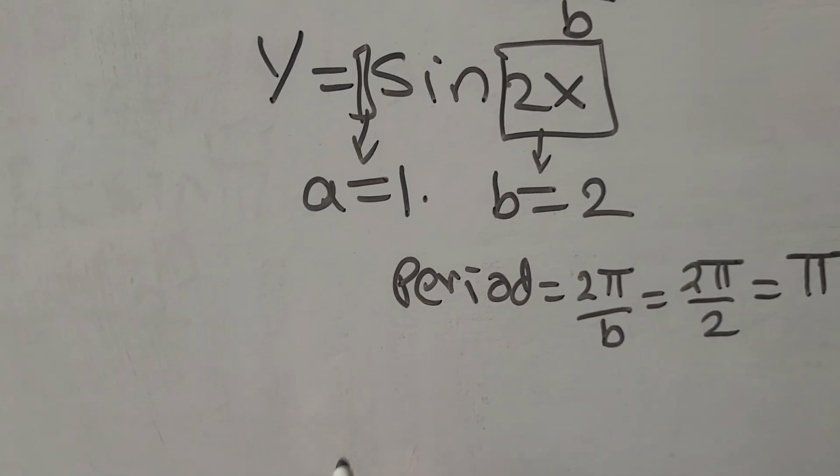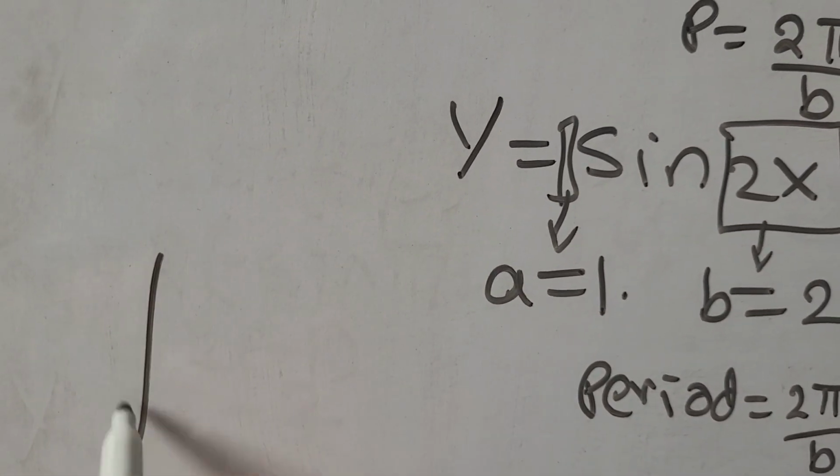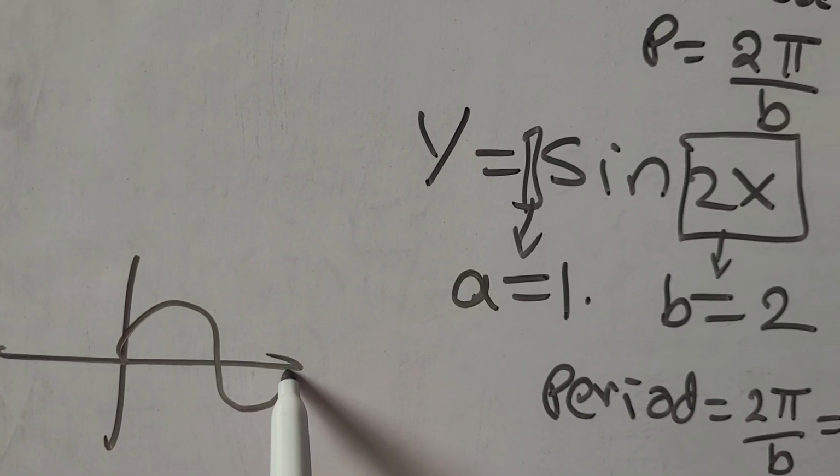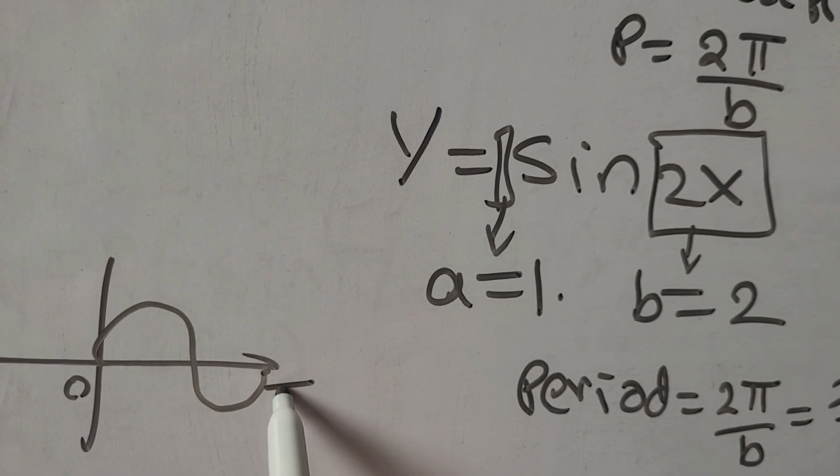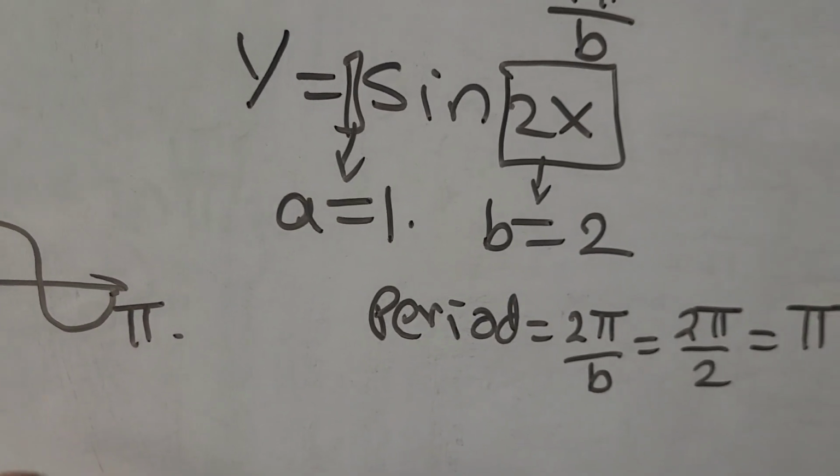I explained in my earlier video that one complete cycle of crest and trough becomes the period. So here I got the value for the period as pi.